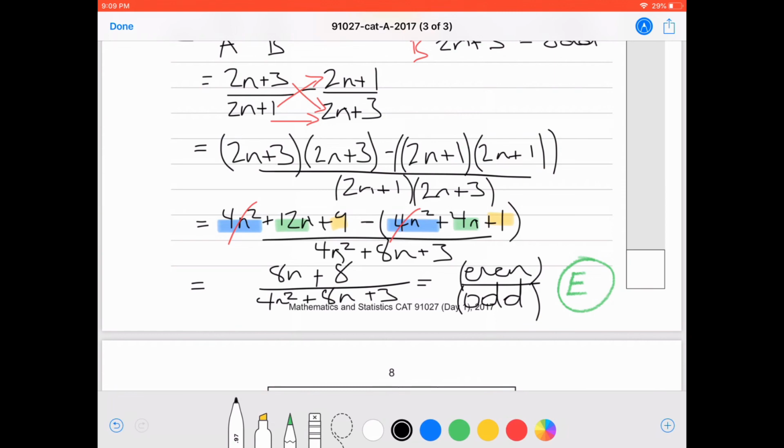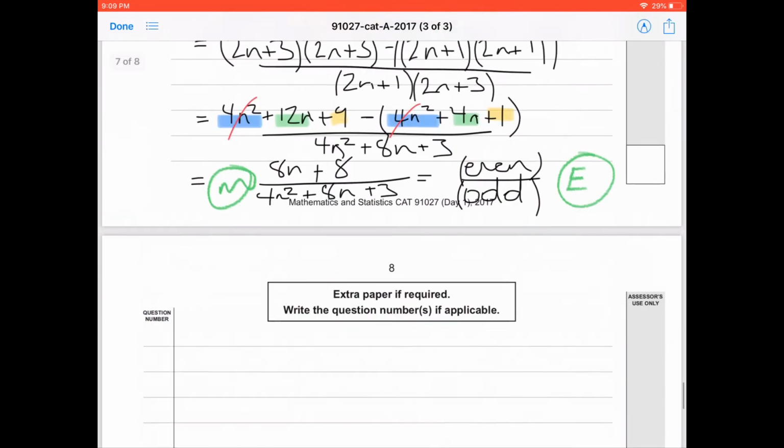So here is the merit. And your achieved expression. Just writing the expression, so I think here would be the achieved. Okay, and with that, that is the paper.